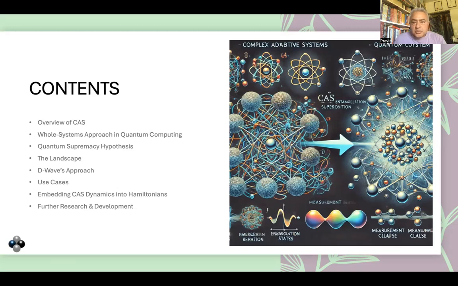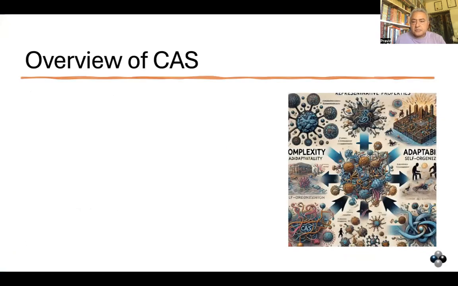We look at some use cases, broadly speaking in the economic, social, and environmental areas, using D-Wave's approach to quantum computation. We look at embedding CAS dynamics into Hamiltonians, and finally, I'll conclude with ideas for further research and development.